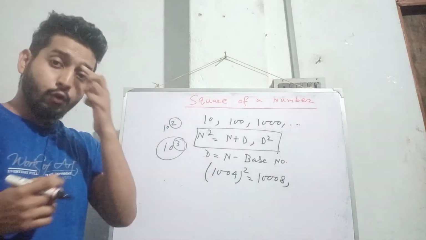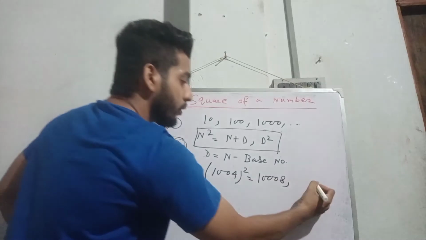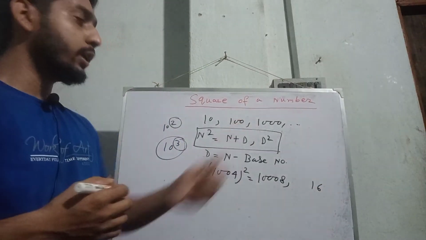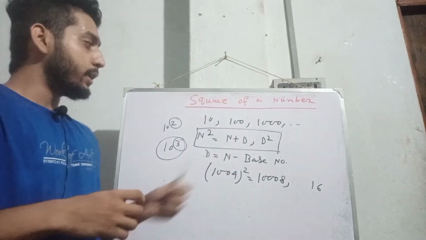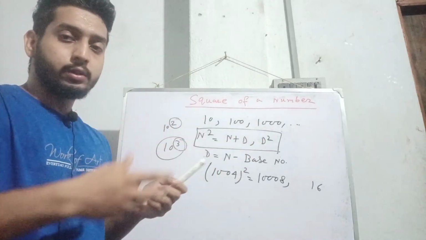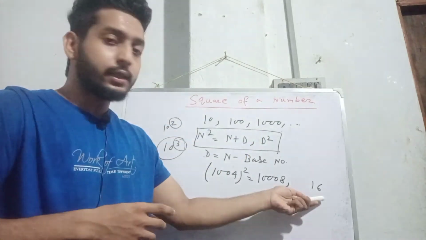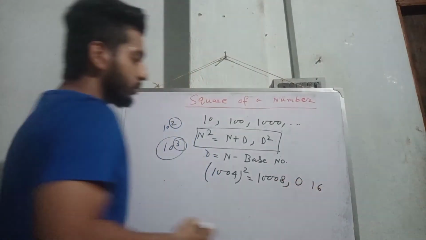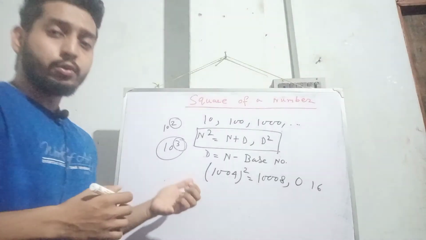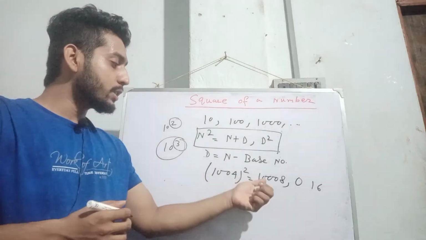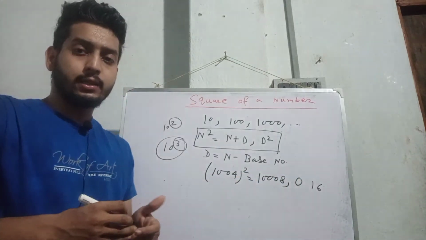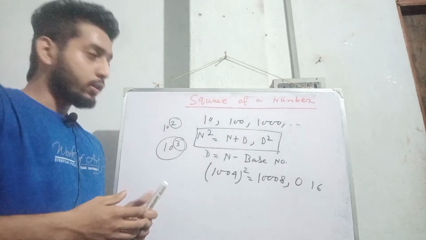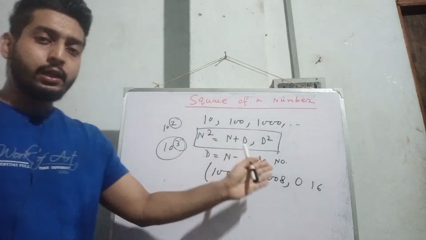The distance is 4, so 4 square is 16. Now 1000 means 10 cube, so we need to put 3 places here. There are only 2 places, so we put a 0 here. So the square of 1004 is 1008,016. This is the way to find the square of that type of number.